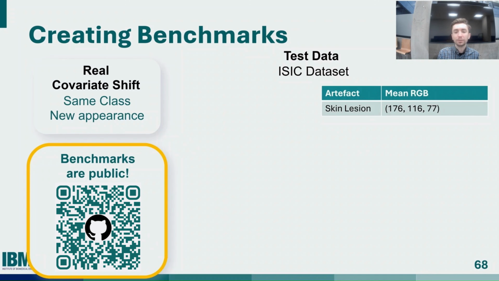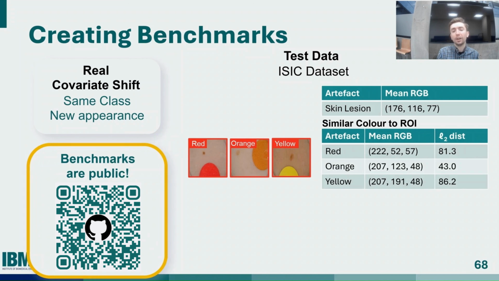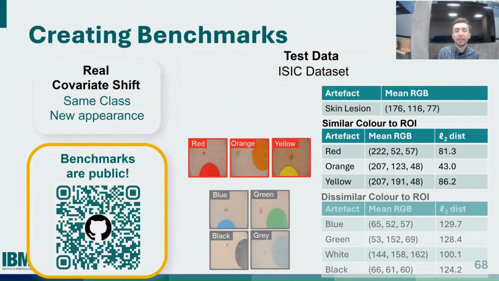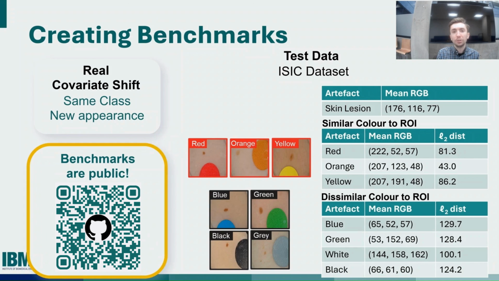Using these masks, we can then calculate the mean RGB of a skin lesion, along with the mean color of our similar artifacts and our dissimilar artifacts. We then used the Euclidean RGB distance as our measure of similarity. So you'll see here the similar color artifacts have smaller L2 distances, whereas the dissimilar have larger L2 distances.